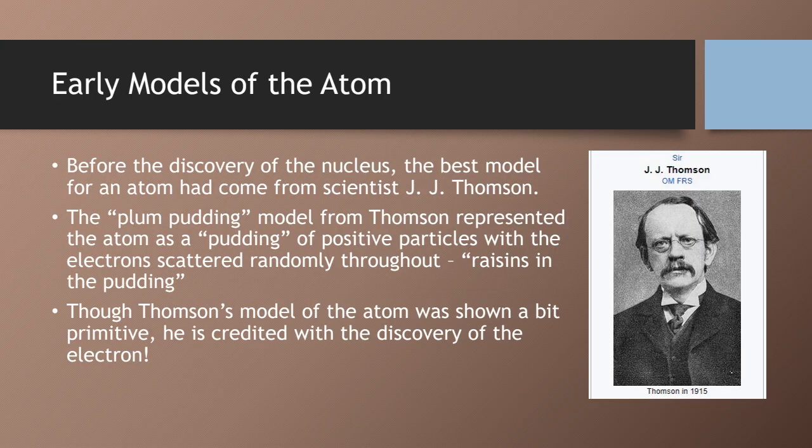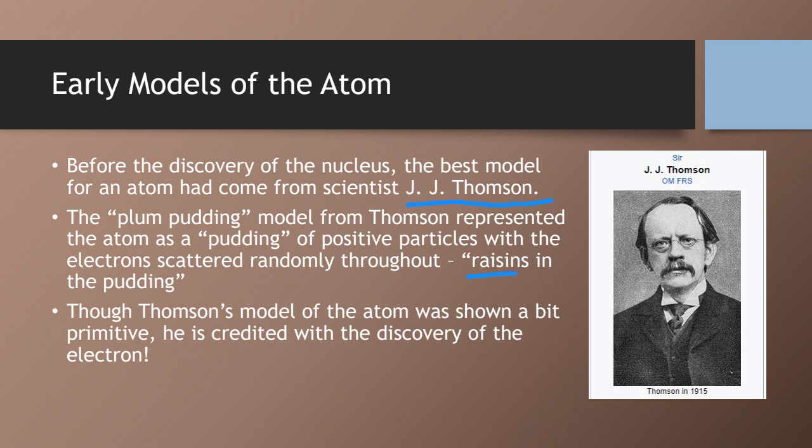So early models of the atom began before J.J. Thomson, but he's credited with one of the earliest models. His plum pudding model was essentially just a pudding of positive particles with electrons just randomly scattered throughout as raisins in the pudding.